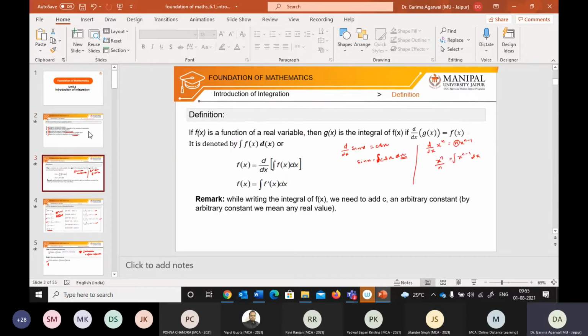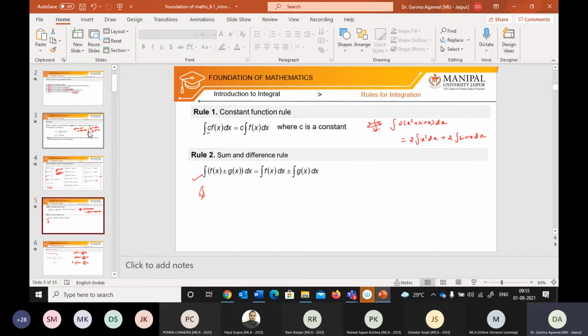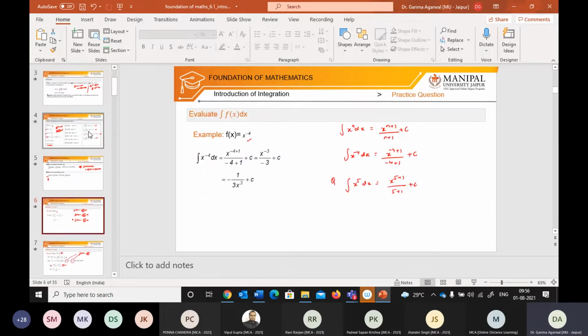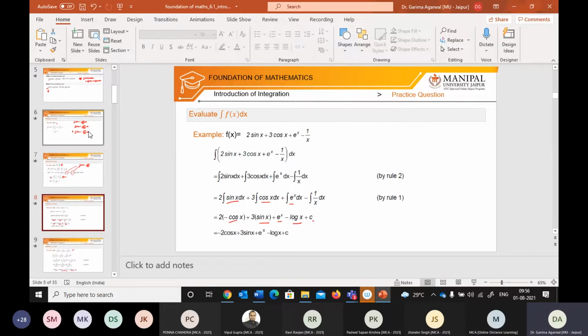In the previous lecture we discussed integration, which is the opposite of differentiation. These are a few formulas for integration that we need to recall. These are a few rules, that is the constant function rule and the sum and difference rule for integration. Now we have discussed a few examples.